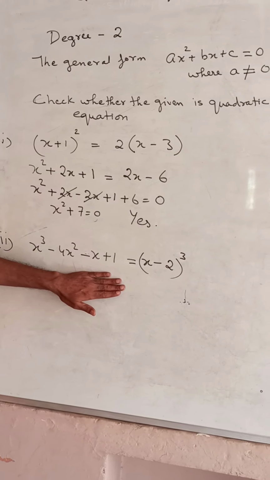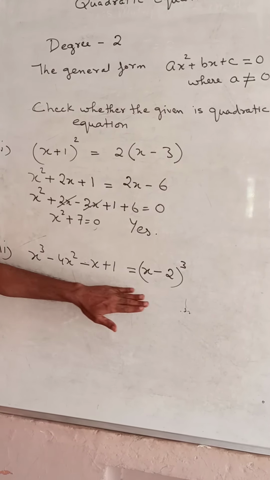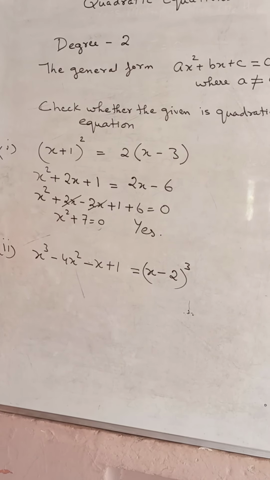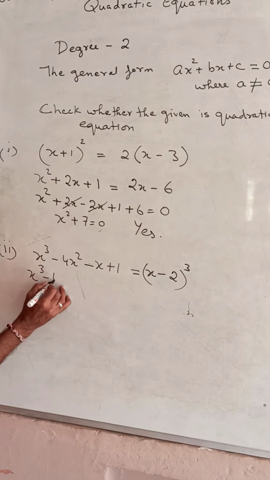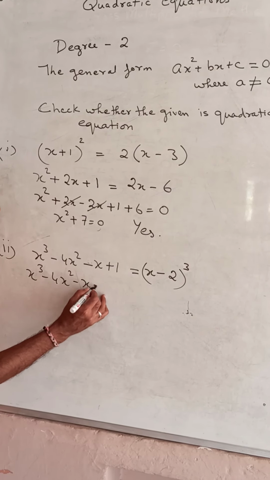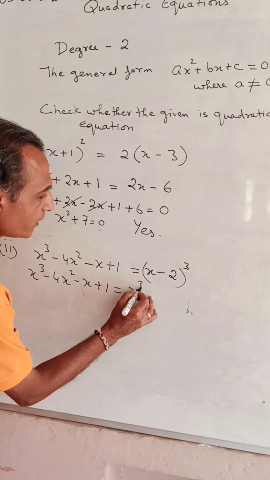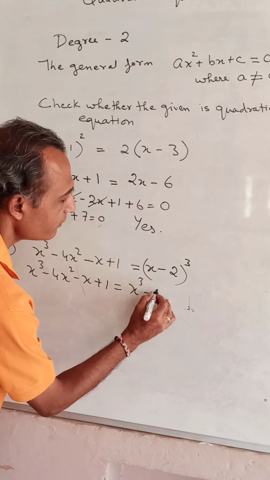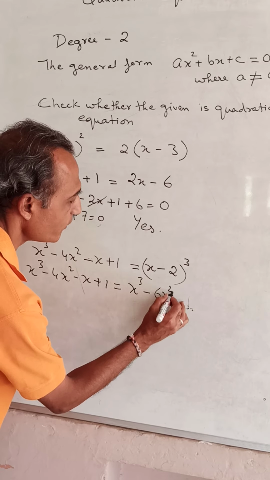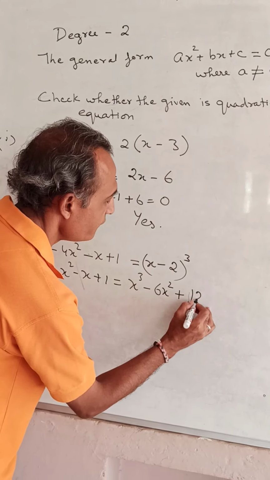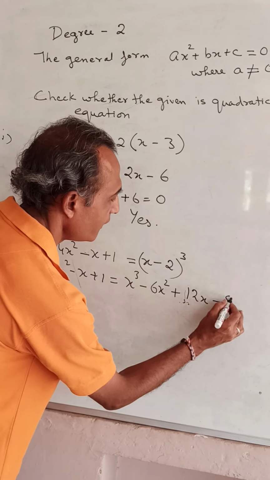Let's take one more example. By just seeing it, again I say, we shouldn't take the decision. First, I get x cubed minus 4x square minus x plus 1. Use the identity to expand it. x cubed minus 6x square plus 12x minus 8.